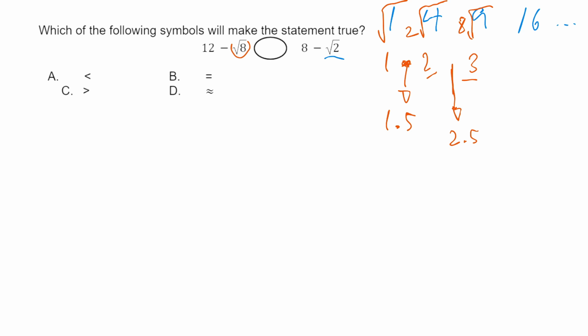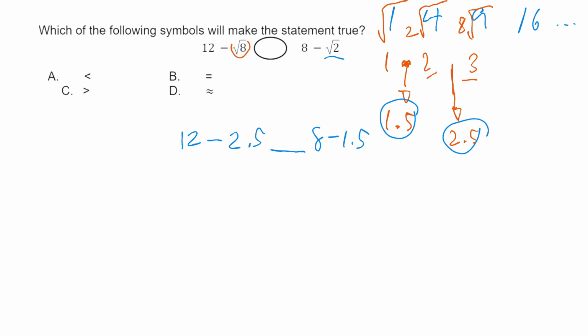So in our estimation, I will just use first 2.5 as the value of square root of 8. Okay? There. So we have here, 12 minus the square root of 8 will become 2.5 and then blank. 8 minus the square root of 2 will become 1.5.